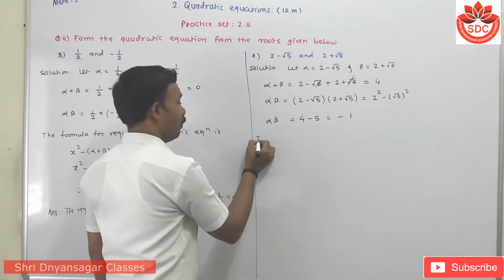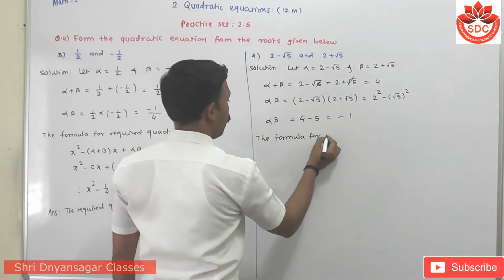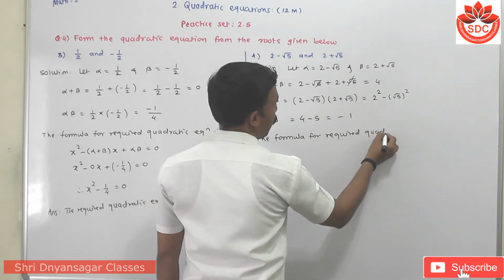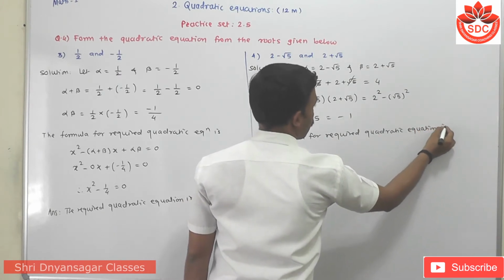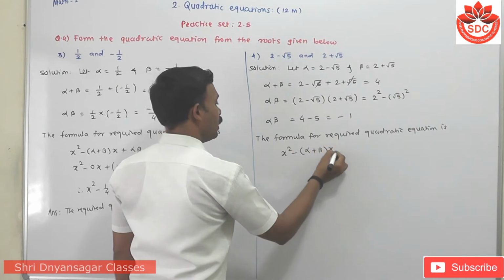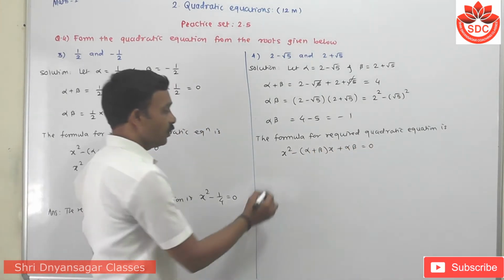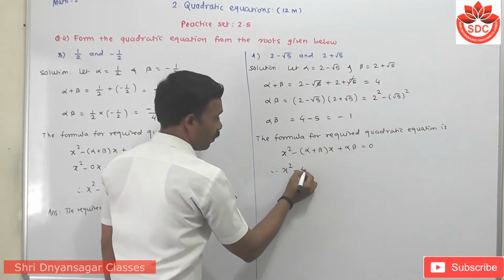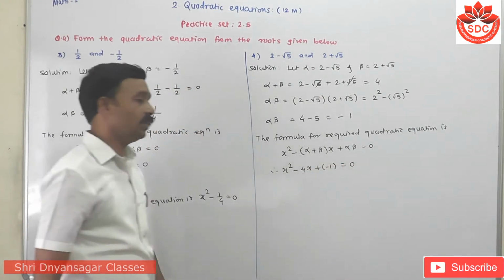Then the formula for the required quadratic equation is x square minus the sum of the roots into x plus the product of the roots equals 0. Then substitute the values: x square minus 4 into x plus minus 1 equals 0.